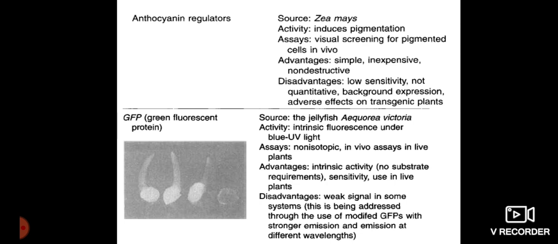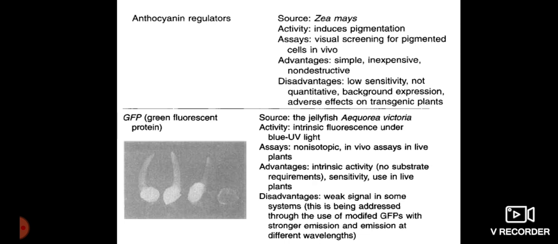Then people went to GFP, the green fluorescent protein molecule, also used as one of the reporter genes. It has intrinsic fluorescence under blue light, and comes from the jellyfish. Assay-wise it is non-isotopic, and in vivo assays can be done in a plant. Advantage-wise, intrinsic activity is there, it is sensitive, and even with the live plant we can do the assays.